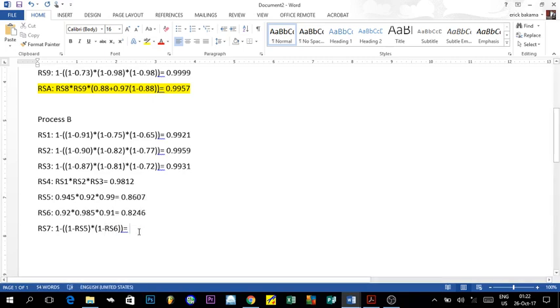Then from here we replace everything in our formula, and the answer that we get is 0.9756. Now this is the value of RS7. Just replace them in the formula. As I said, you copy and paste the value in the calculator. Actually, there's no way to copy and paste, but you repeat them the way you just write them.